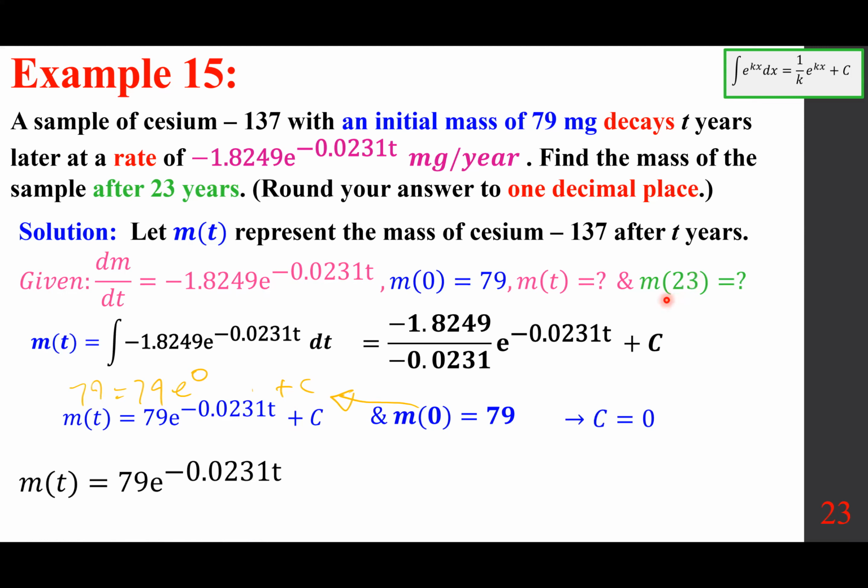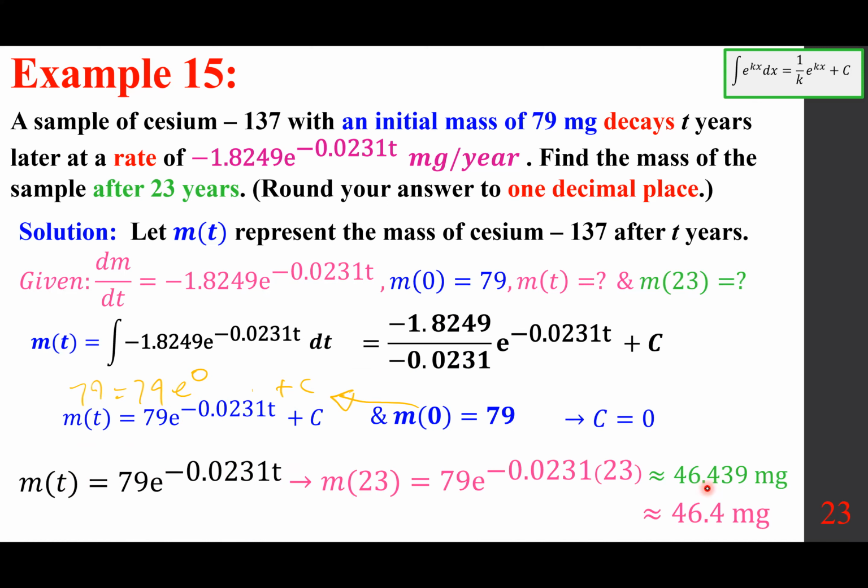We want 23 years later, m of 23, replace the t with 23. Put it into a calculator with a bunch of decimals, and then it says 1. Now you use 1. By the way, it's very important that your intermediate steps are pretty precise.